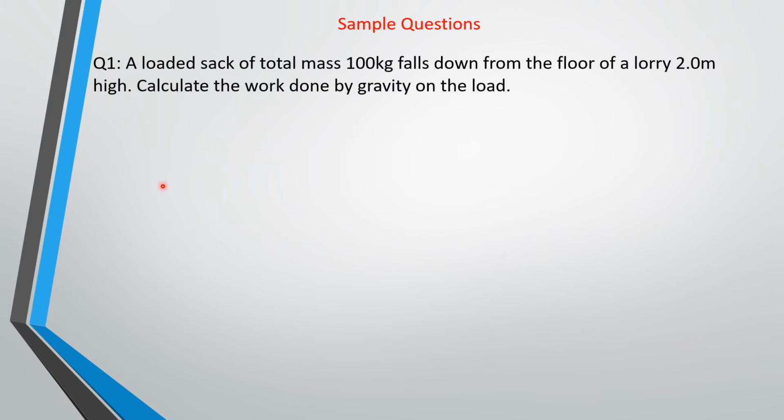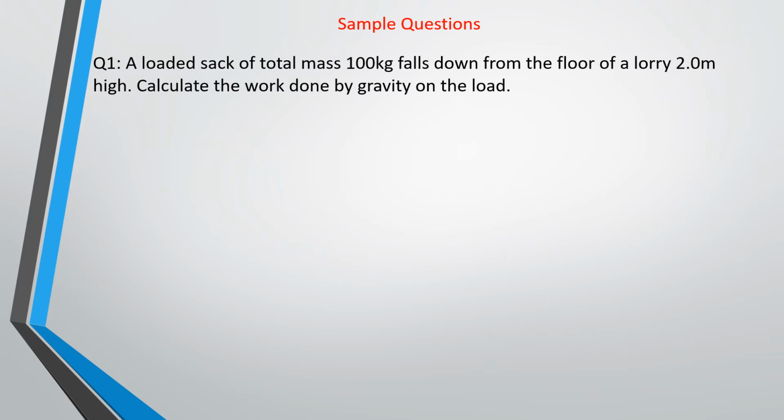So this is a sample question that we need to solve so that we can drive home the equations that we have discussed so far. Question number 1 says that a loaded sack of total mass 100 kg falls down from the floor of a lorry 2.0 meters high. Calculate the work done by gravity on the load.